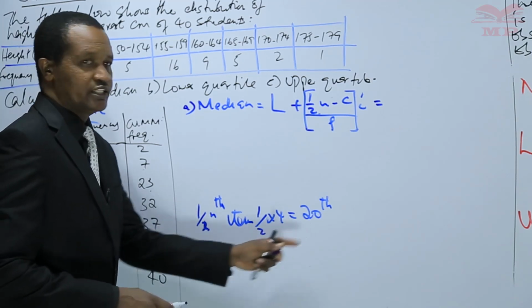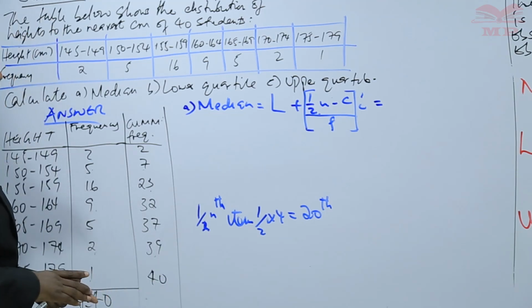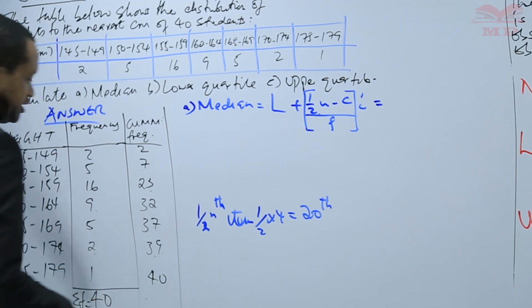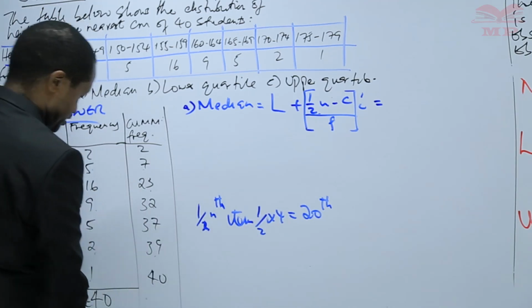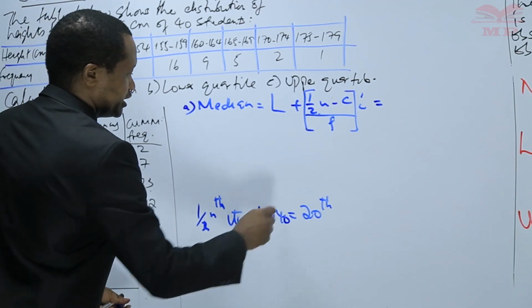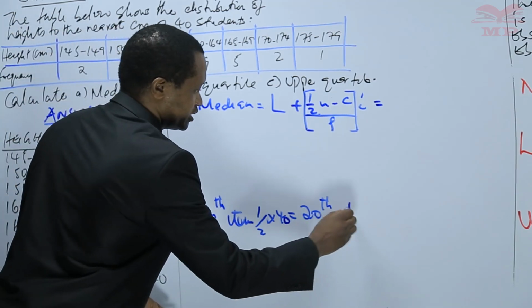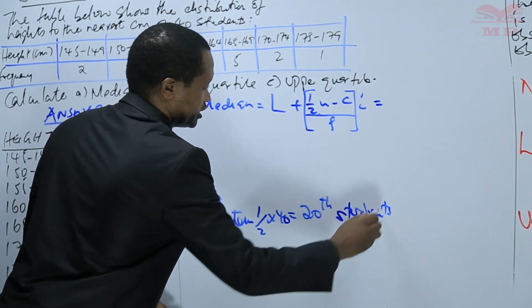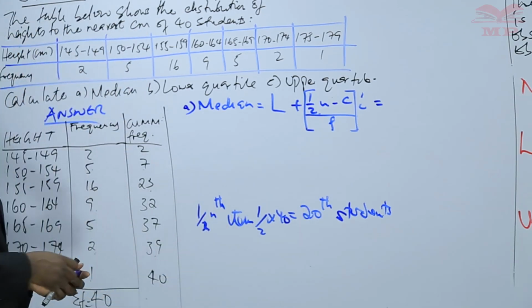A half of 40 will give us the 20th student. So we need to find out, where does the 20th student fall?